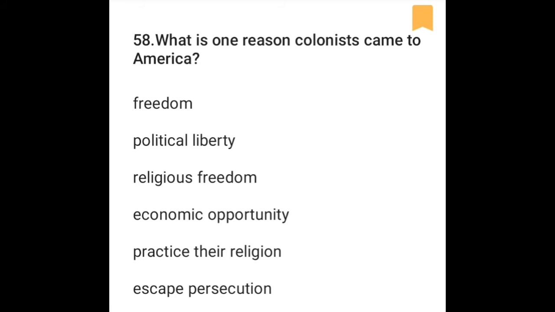What is one reason colonists came to America? Freedom. Political liberty. Religious freedom. Economic opportunity. Practice their religion. Escape persecution.